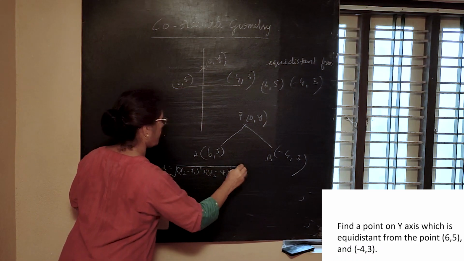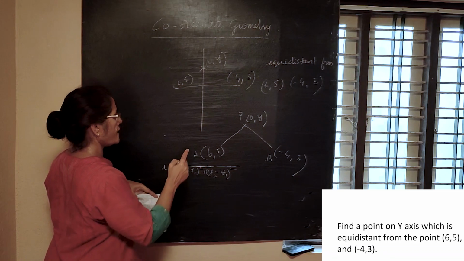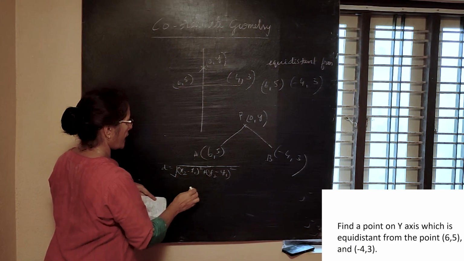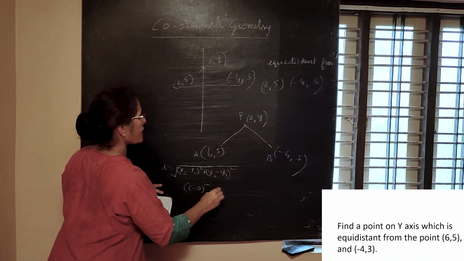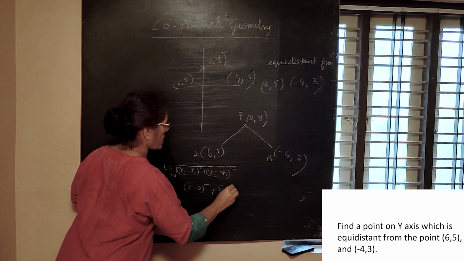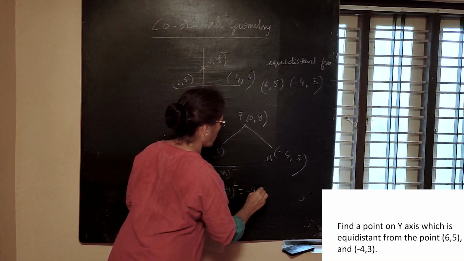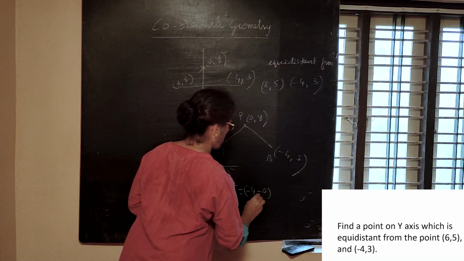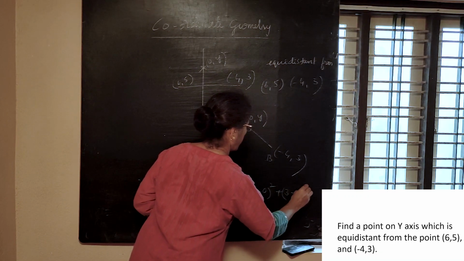Let us square it. You have seen in the previous problem, we have squared it, so I don't waste my time. I say (6 minus 0) the whole square plus (5 minus y) the whole square is equal to (minus 4 minus 0) the whole square plus (3 minus y) the whole square.